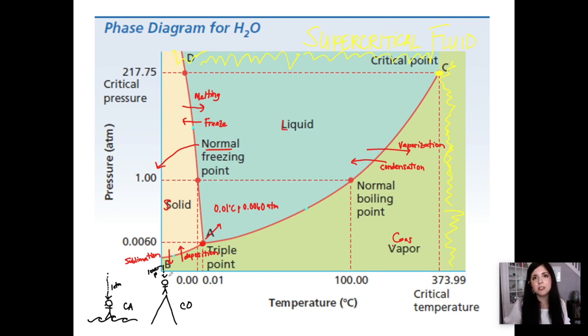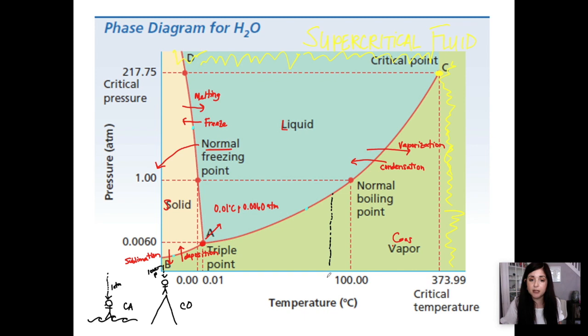So what happens to the boiling point of water if the pressure is much lower? Well, let's look. Here's water's normal boiling point. And if the pressure goes down, which is what I'm noting here, the boiling point actually also goes down. So here, when the pressure is lower, the boiling point gets below 100 degrees.